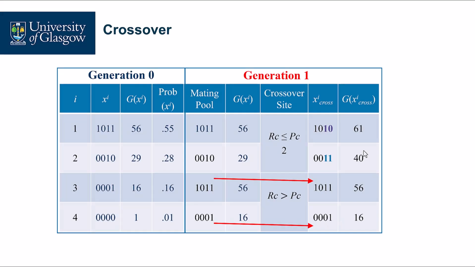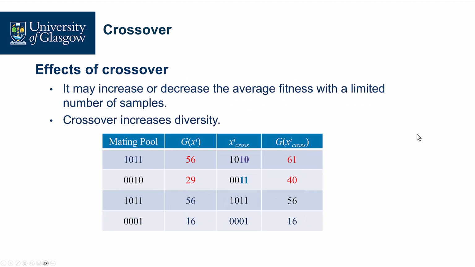But then we need to think of the effect of crossover. If we have a finite set of individuals, for some of them, after we do the crossover, it may increase the fitness. For some others, it may decrease the fitness. Now consider we have an infinite set of individuals. While we apply the crossover, the average fitness should not change.